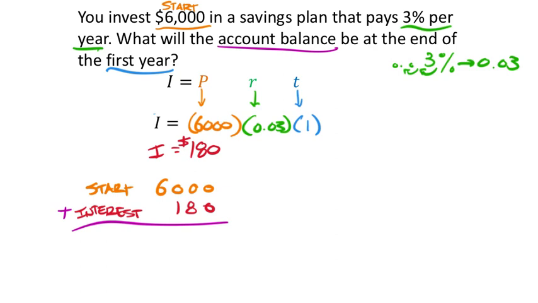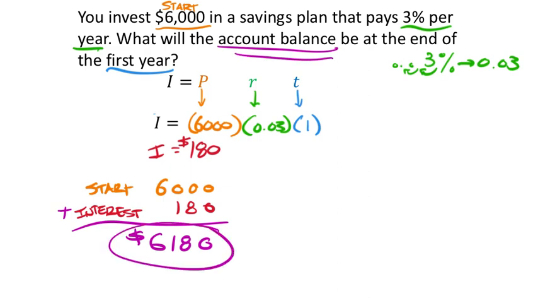When we get that added, we get $6,180. That is how much will be in the account at the end of that first year.